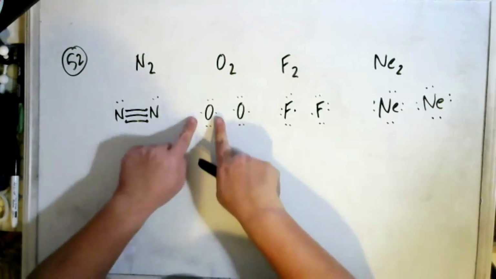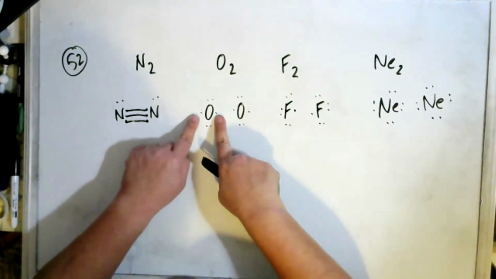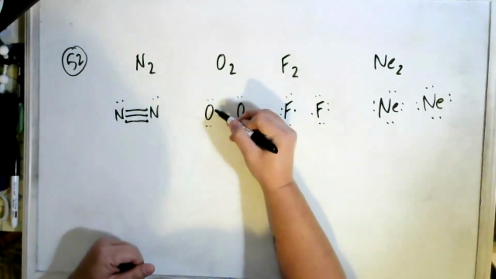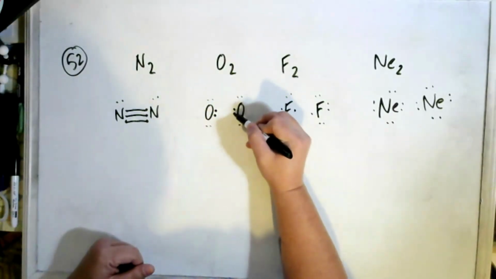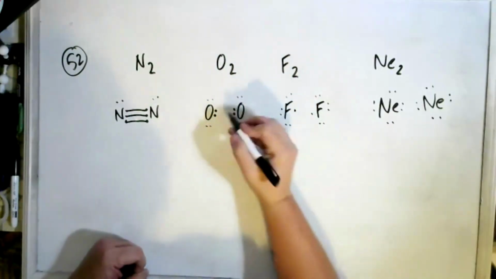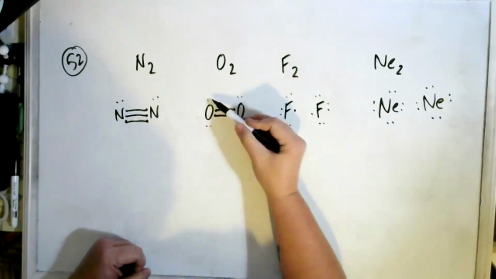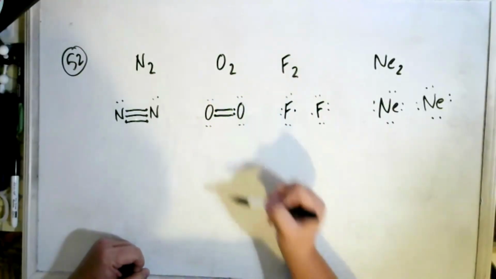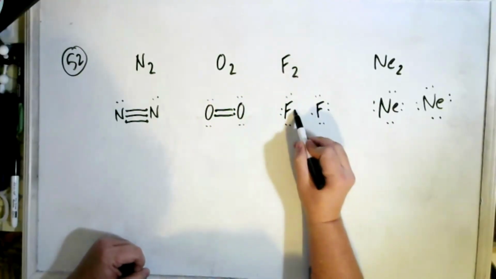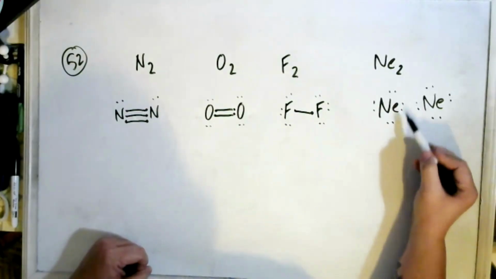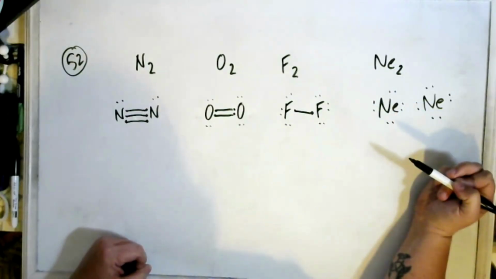Oxygen will do the same thing. Each oxygen has these 2 single electrons. So instead, they'll take their 2 single electrons and they'll line them up between themselves. And they'll share. Right? 2, 4, 6, 8. Now each has 8. Fluorine has 1 single electron here and 1 single electron here. So they'll share. But neon, every electron's already paired up.